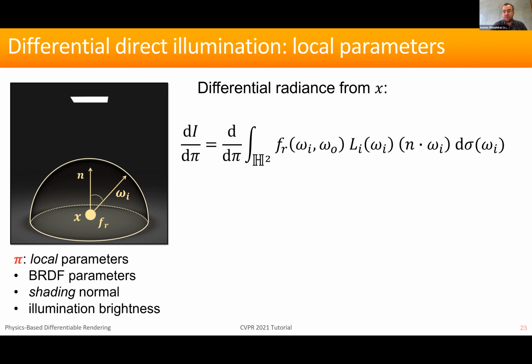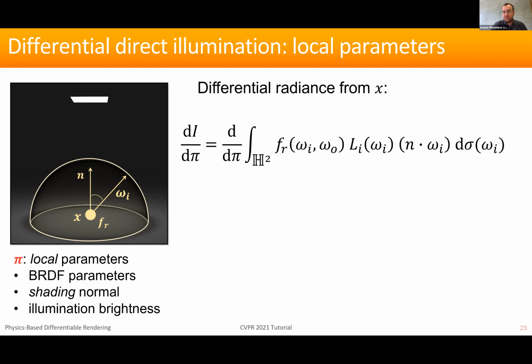Shading normals, and I want to emphasize here that these are not necessarily geometric normals, the normals determined by a mesh, but fake normals we attach to achieve smooth appearance, or parameters such as the brightness of some light source.